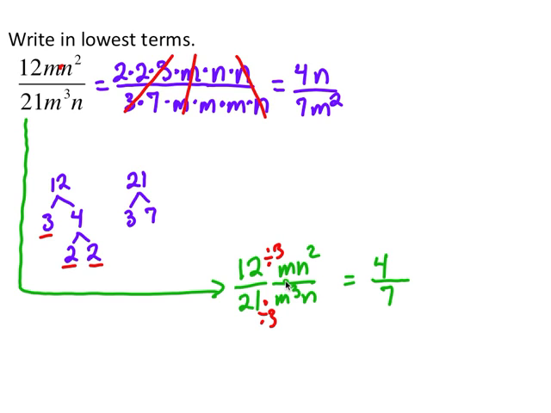For the variables, though, I always recommend you just write them out. So you could do what we did before then for the variable part. So m, 2 n's on top, 3 m's, and 1 n on the bottom. Cancel those. It's easy to see, and it's quick to do. And so we have an n left on top, and m times m is m squared on the bottom.